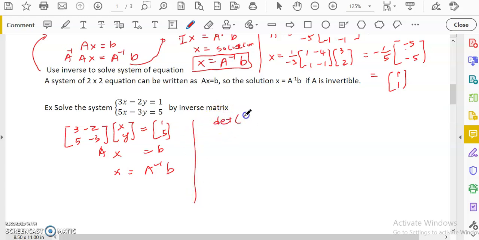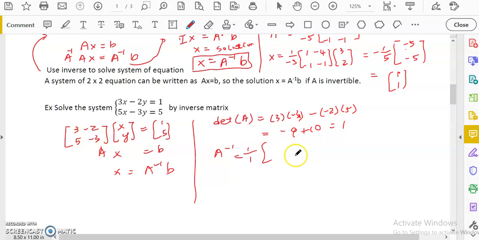Step 1, determinant of A is equal to 3 times -3 minus the -2 times 5. So that would be -9 plus 10 equal to 1. So A inverse would be 1 over 1.